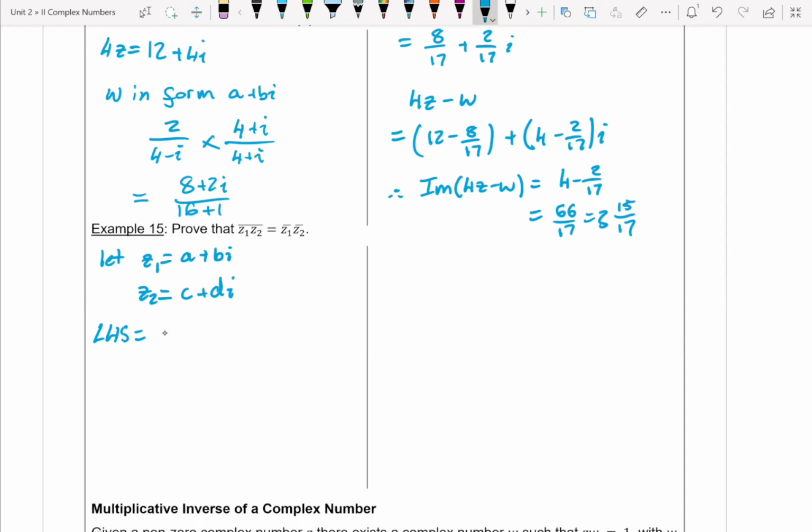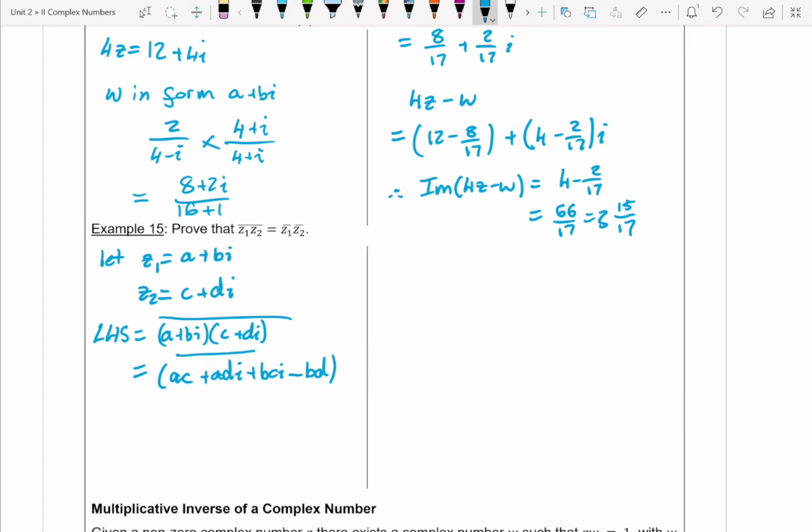So the left-hand side, we want to take our product, a plus bi times c plus di, and then take the conjugate of the whole thing. So that is going to give us ac, plus adi plus bci minus bd.